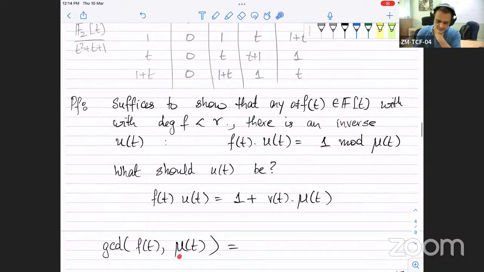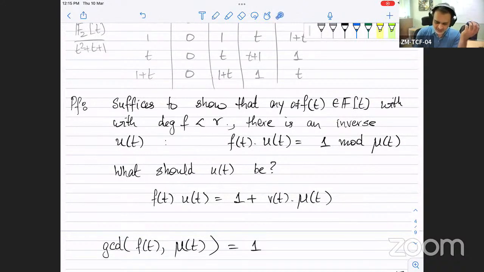Well, I know for a fact mu is an irreducible polynomial, which basically means, firstly, whatever this GCD is, its degree must be smaller than or equal to the degree of f. So the GCD has to have degree strictly smaller than r. What are possible factors of mu of t that have degree smaller than r? Well, there are none besides the stupid 1 thing. So therefore, this GCD is just 1.